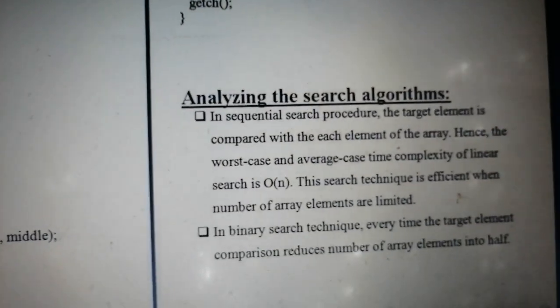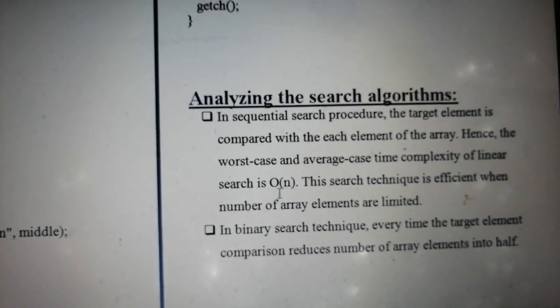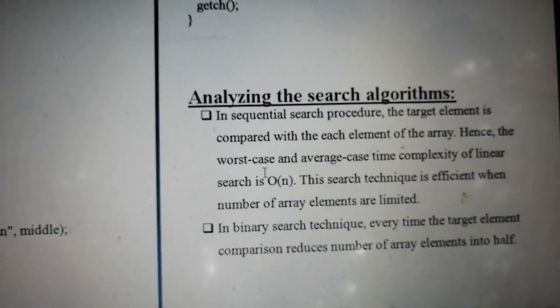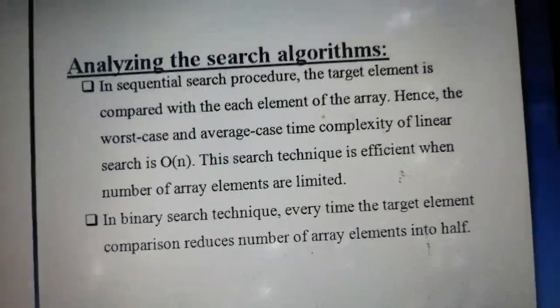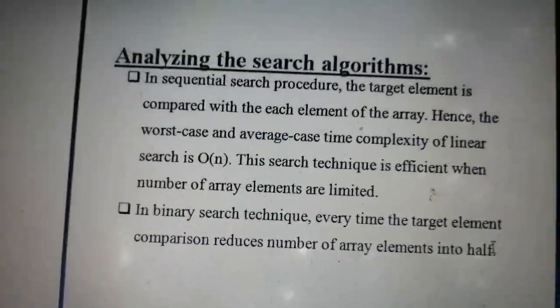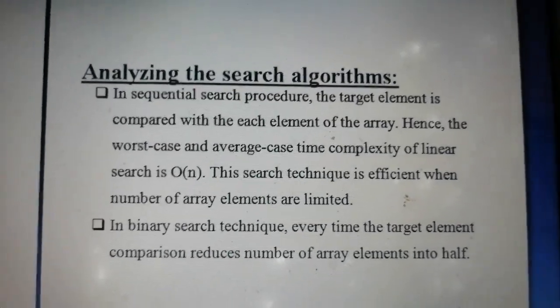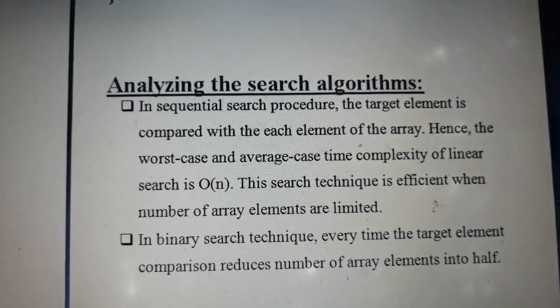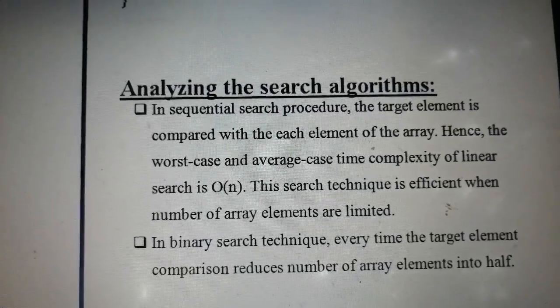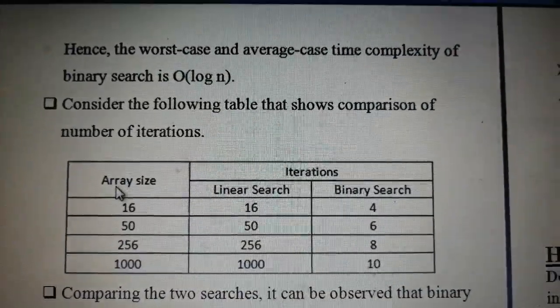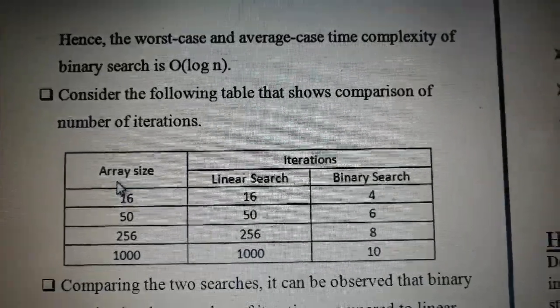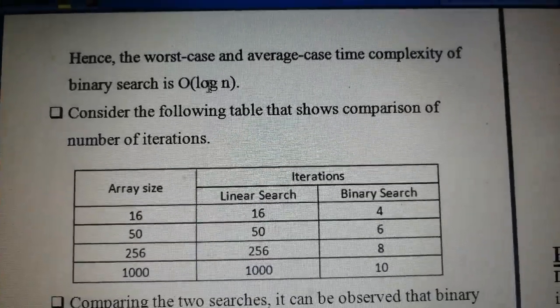Now coming to the analysis, in sequential search we have order of n. In binary search, the number of array elements is reduced to half, so the complexity is order of log n.